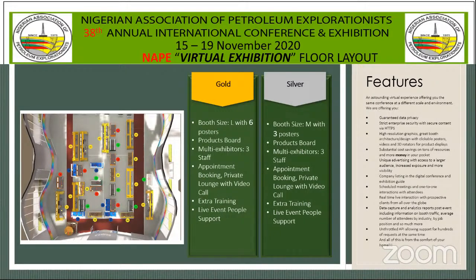But after conversations with the developer who is developing the entire website with this as a plugin, we have updated that. One, we reduced the number of booths from 60 to 20. We also changed the layout, and we've also reduced the packages to just gold and silver.